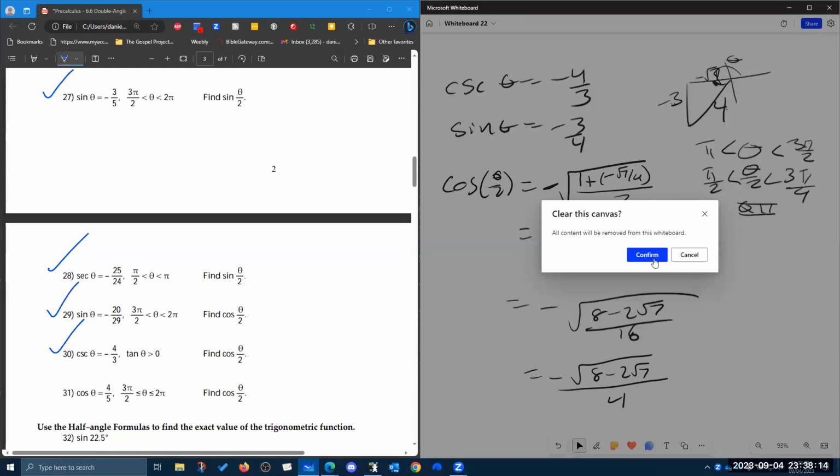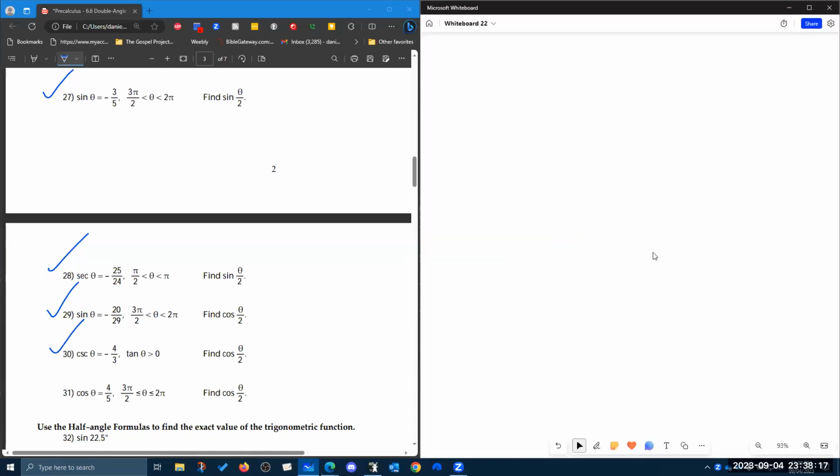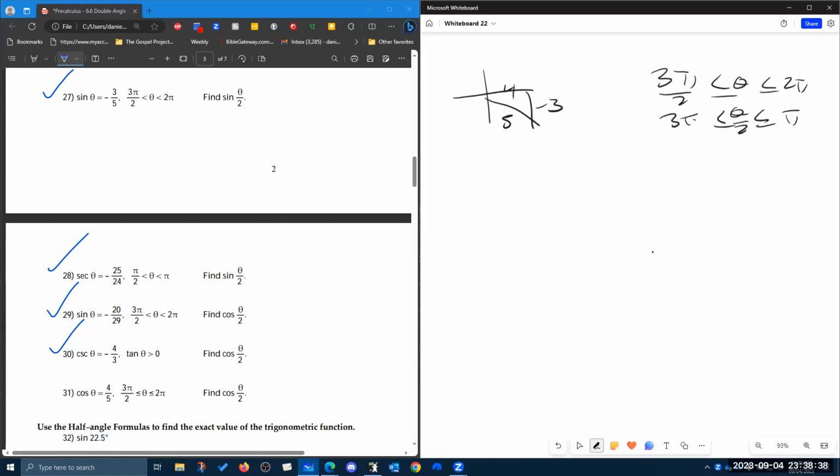And one last problem for this set. We have cosine is a positive 4/5. We're in quadrant 4. 4/5, that's a negative 3 there. If theta is here, and theta over 2 is there, so we're in Q2, and cosine is going to be negative there.